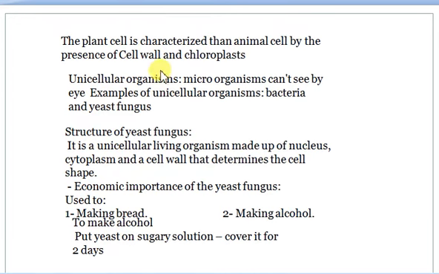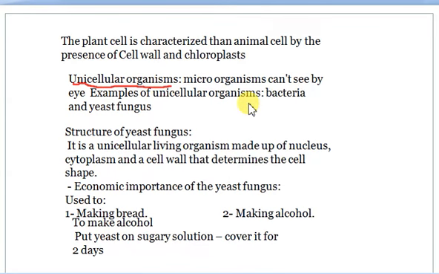Unicellular organisms, كائنات وحيدة الخلية. Microorganisms can't be seen by eye. الكائنات الوحيدة الخلية دي كائنات صغيرة جدا ومبنقدرش نشوفها بالعين.